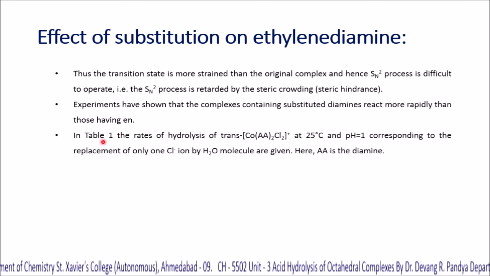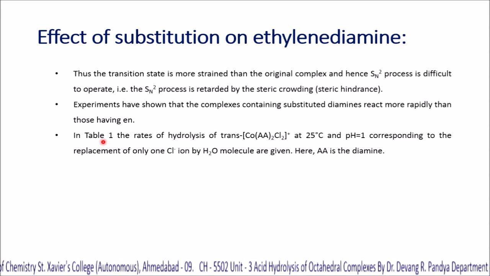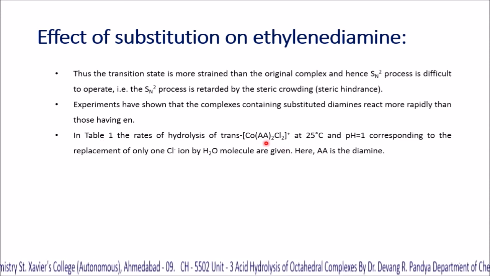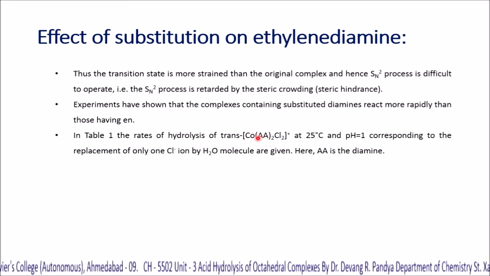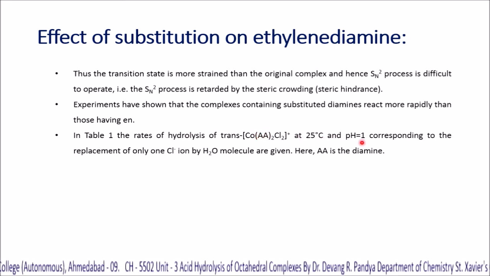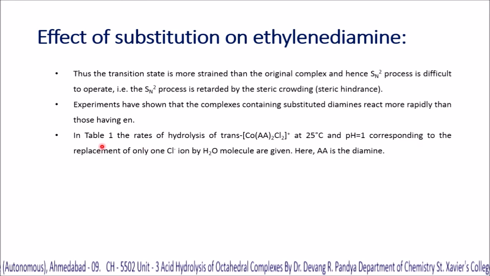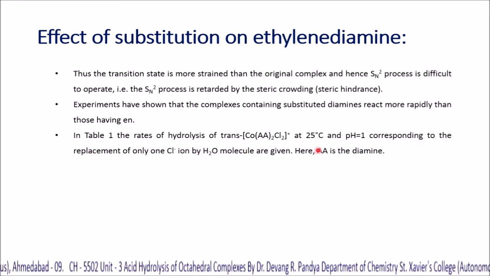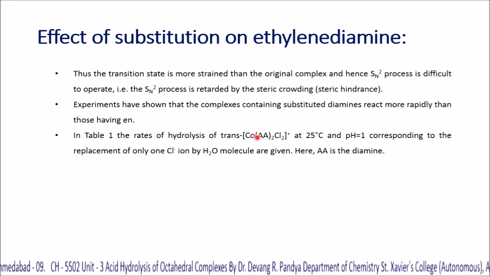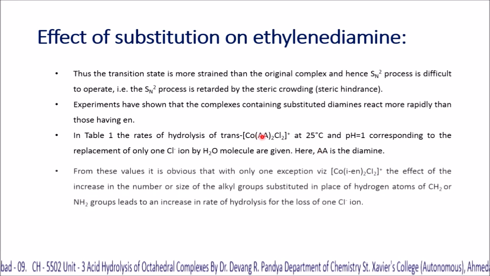And we can see in the table in the next slide the rate of hydrolysis of this doubly chelating ligand complex at 25 degrees centigrade at pH 1, corresponding to the replacement of one chloride by an H2O molecule. Here AA is considered as ethylene diamine, that you need to keep in mind.